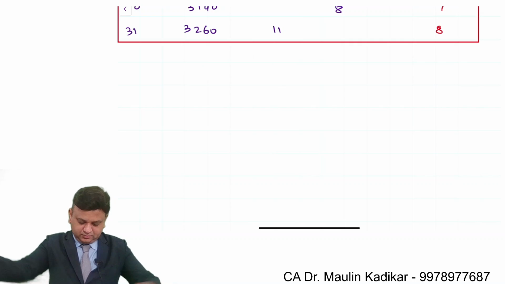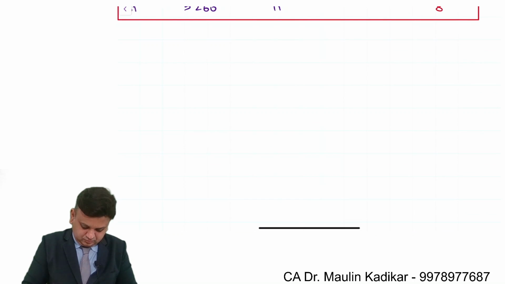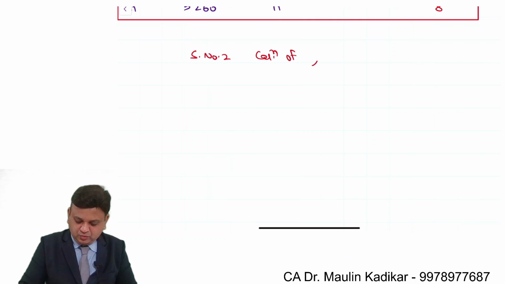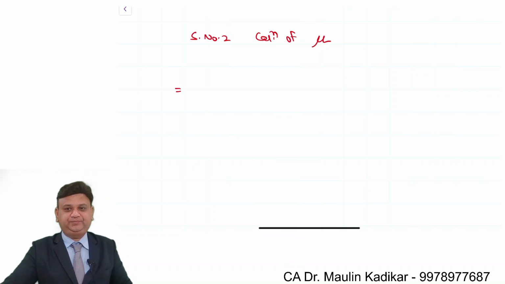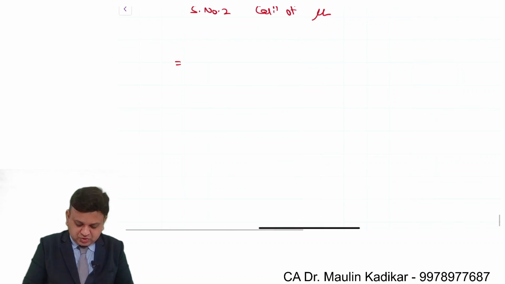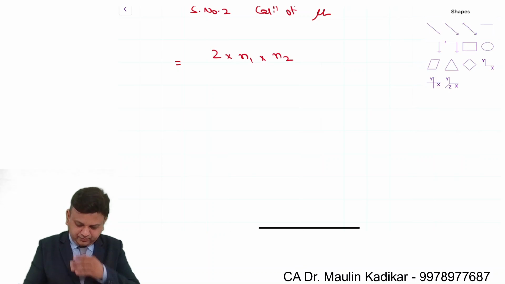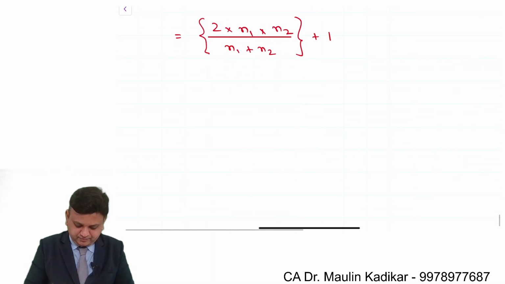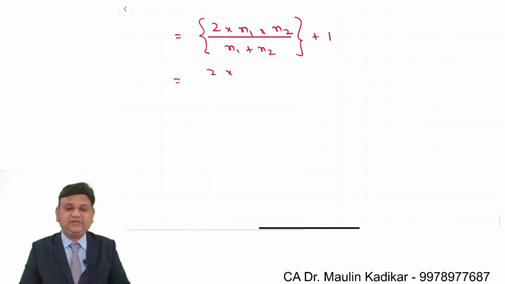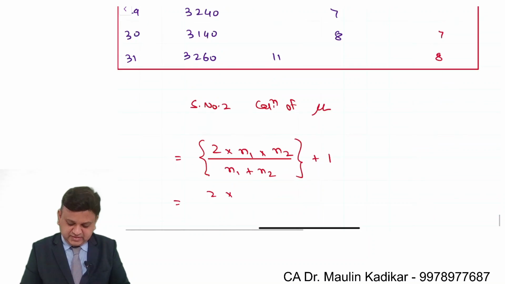So step number 2. Calculation of mu. Mu in simple language we understand is calculation of the x bar. So it is 2 into N1 into N2 divided by N1 plus N2, whole, plus 1. What is the value of the N1? Value of the N1 is 11.